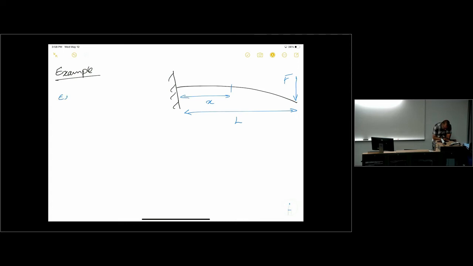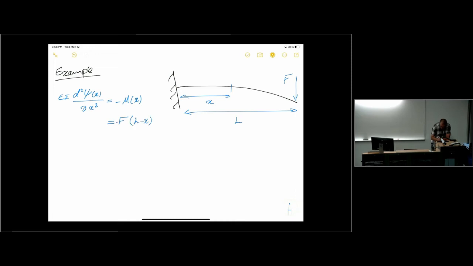So I know EI times the second derivative of psi is equal to the moment. At any location x, I can show that the moment is that force that I have at the tip times L minus x, right?